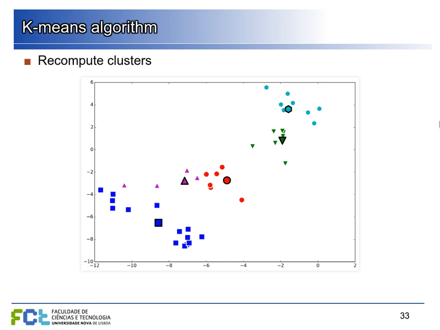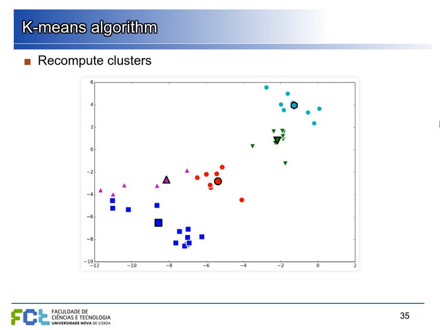We need to recompute the clusters, because now, since the centroids moved, points may no longer be closer to one of them, they may be closer to the other. So we recompute the clusters, and now the mean point of the clusters will be again different, because now there are different sets of points in the cluster.